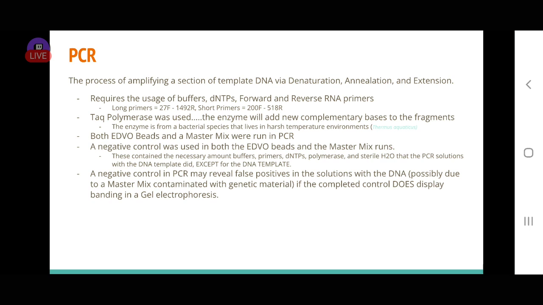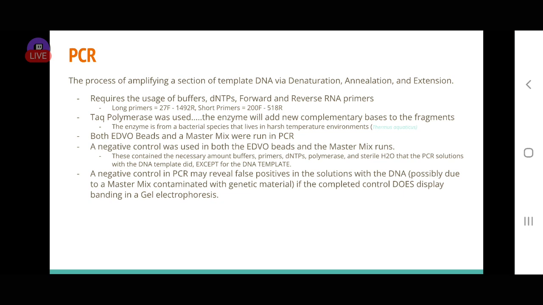We also used the Taq polymerase, and this enzyme will add new complementary bases to the fragments of the DNA during PCR, specifically when the primers have attached during annealing where the temperature is cooled, then the polymerase will be able to add new complementary bases to the template strands.